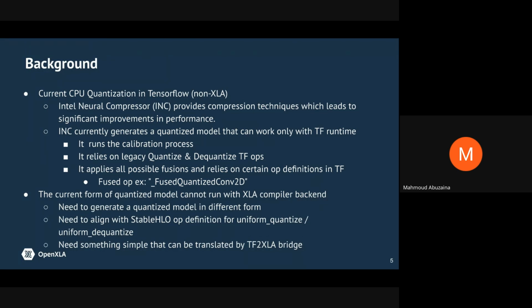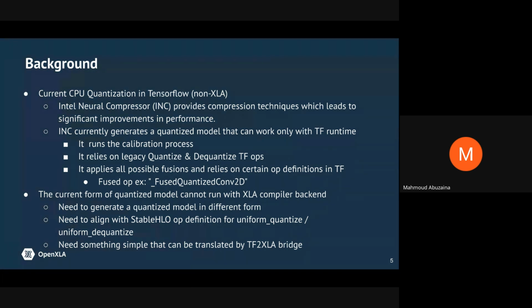They're not aligned. And also INC, currently with the non-XLA path, generates a model that has all the fusions done beforehand on the INC side, before we even start the execution with TensorFlow. So, for example, the generated model would have a node called a fused quantized matmul, and that is only defined at the TensorFlow core level.